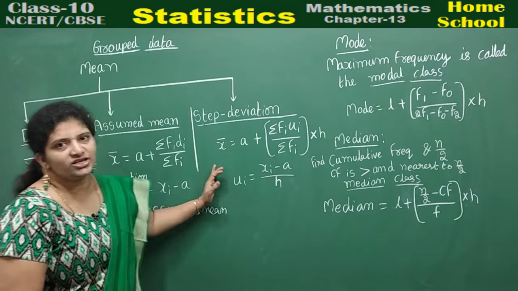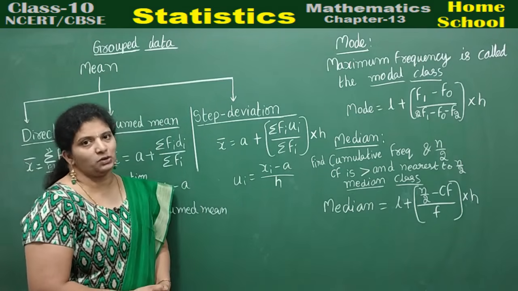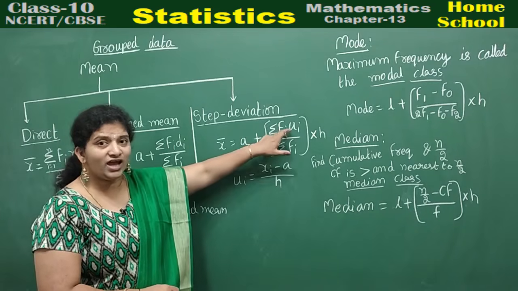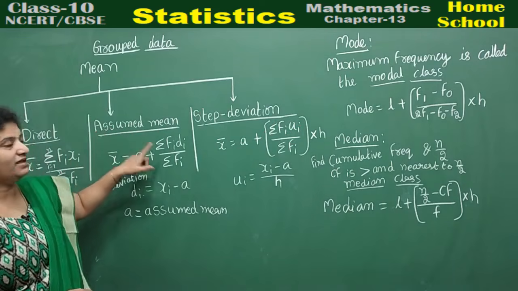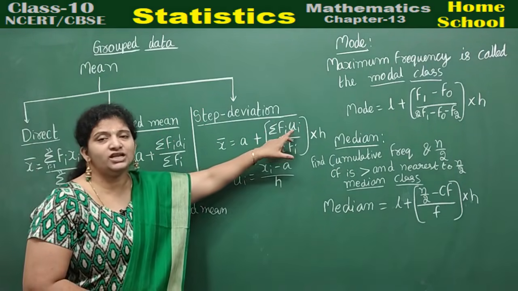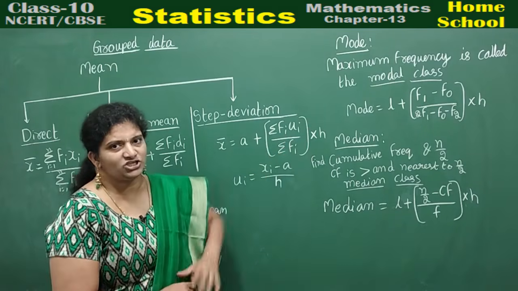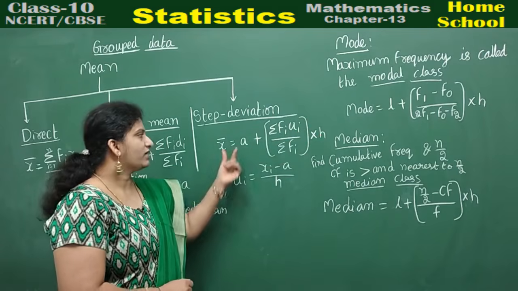Step deviation method. Mean x bar is equal to a plus summation fi ui by summation fi, into h. Look here, in direct method xi is there, in assumed mean di is there, in step deviation ui came. What is extra in this? ui and h.